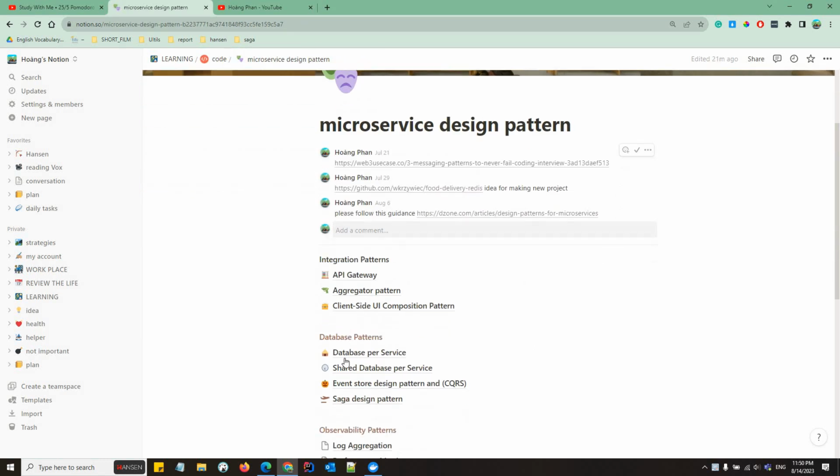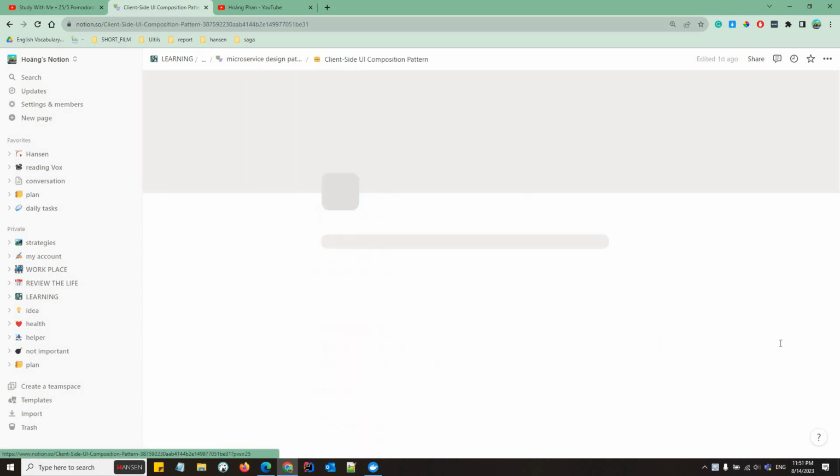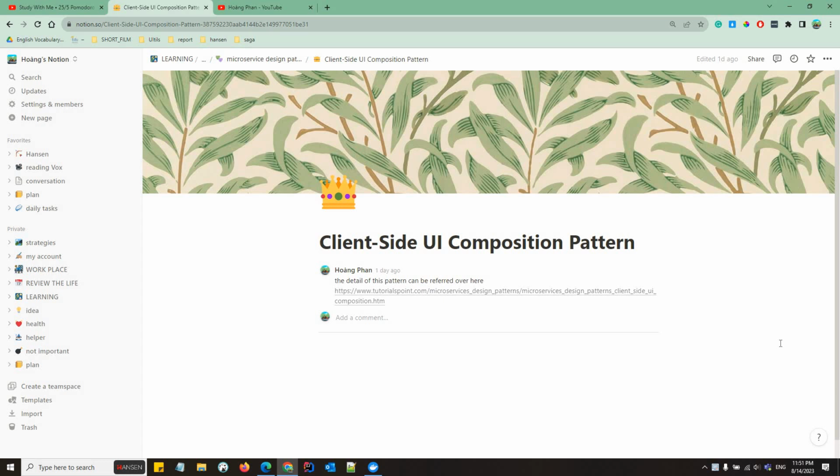And move on to the client side UI composition pattern. I think that this pattern is just for the front end, in a micro front end.